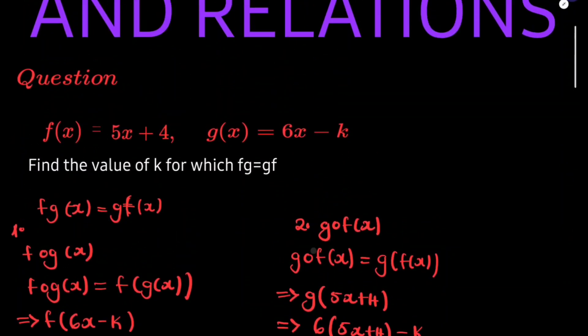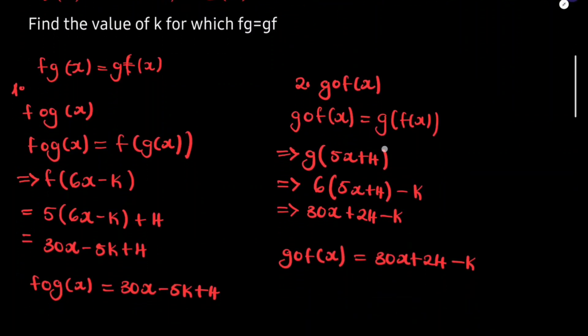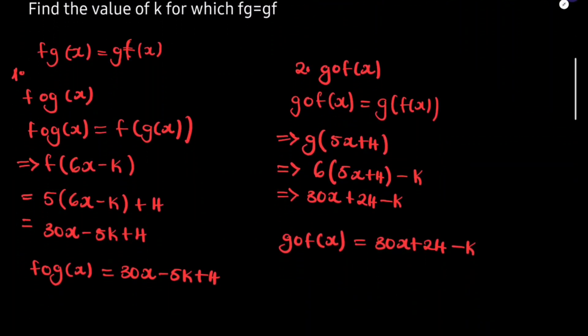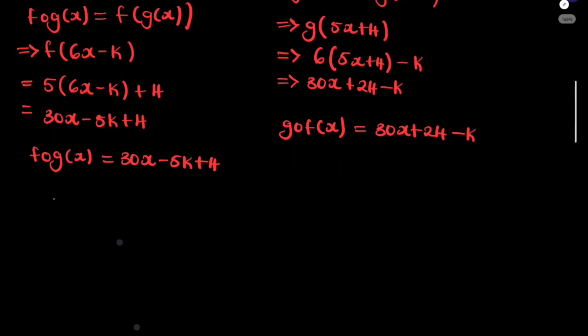Okay, but that is not what we were asked in the question. We were asked to find the value of k for which f of g of x is equal to g of f of x. We have found f of g of x. We have found g of f of x. So now let's equate the two of them and find the value of k. So we have f of g of x equal to g of f of x.